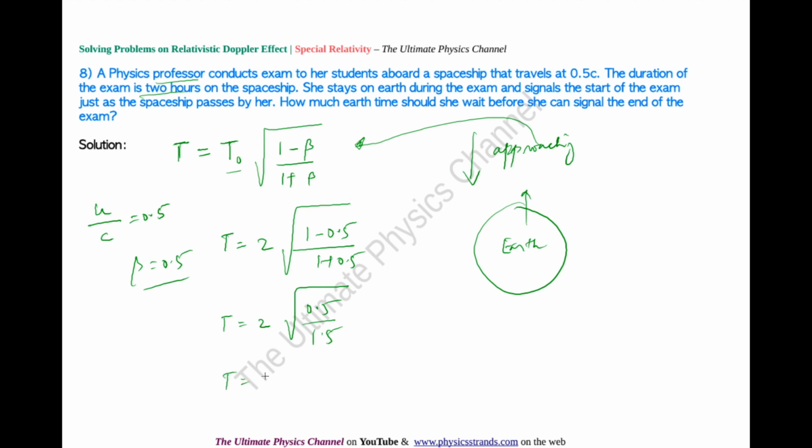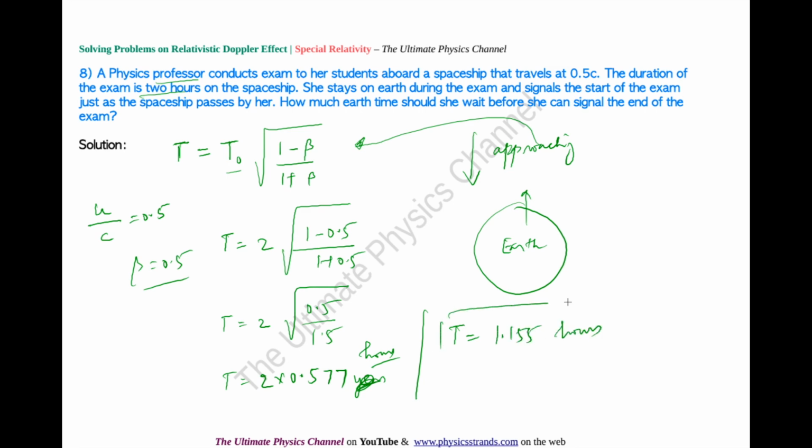So T is equal to 2 times 0.577. The unit here is, sorry, hours, right? So T is equal to 1.155 hours.